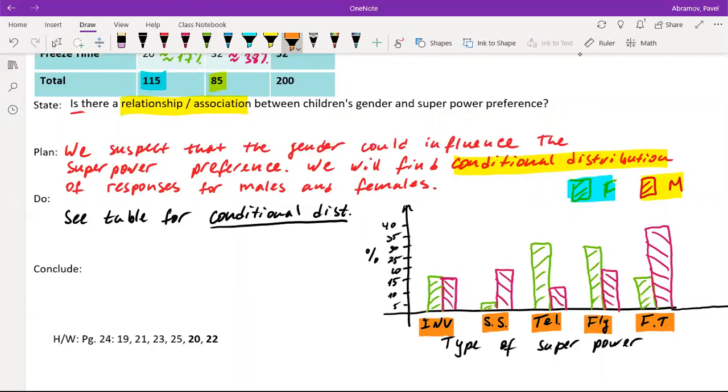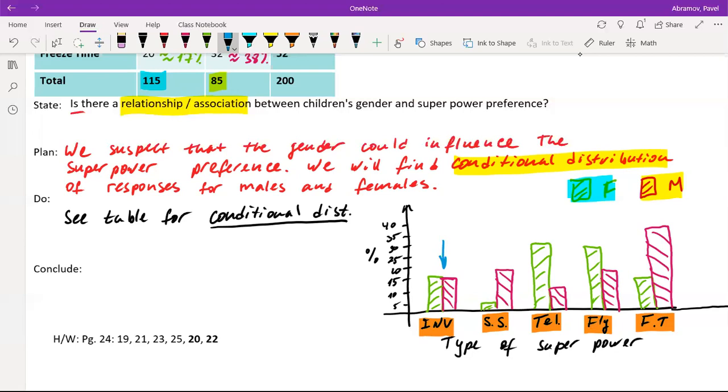Now let's see what kind of conclusions we can come up with. First of all, we can clearly see that right here, invisibility is exactly equal. So the boys and the girls are very equally likely to choose invisibility. We also can see some big discrepancies in some powers.